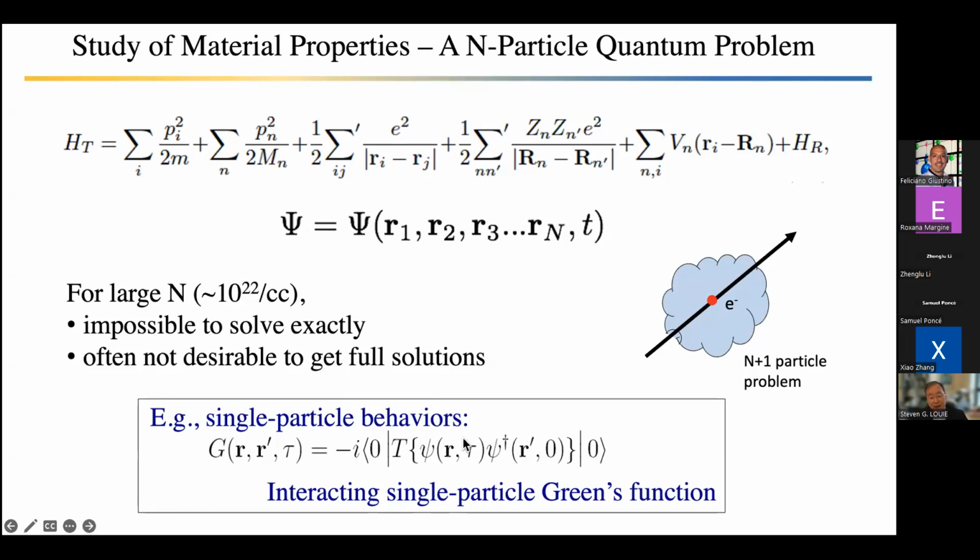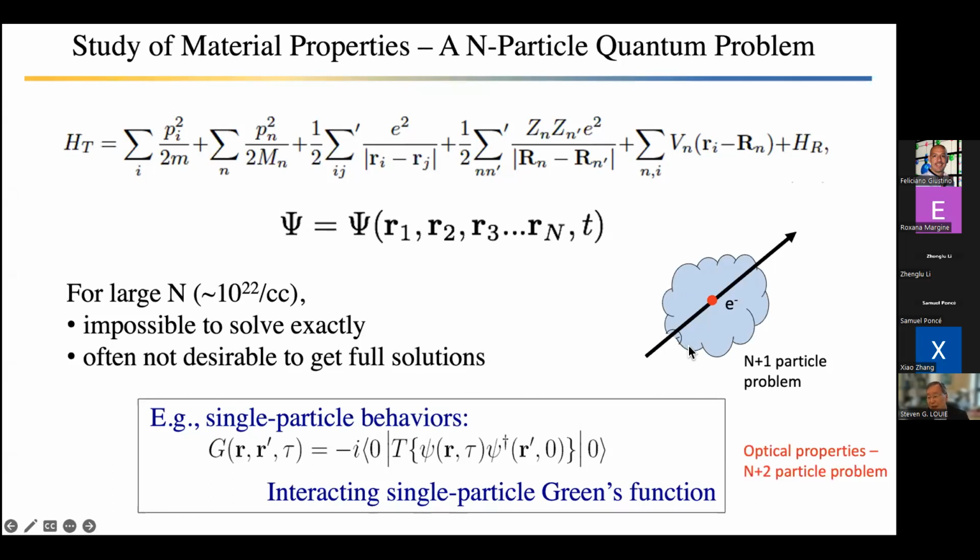So this is, in fact, the interacting single-particle Green's function that you learn in textbooks. This is what we call the n+1 particle problem, looking at particle-like excitation in an otherwise strongly interacting many-body system.